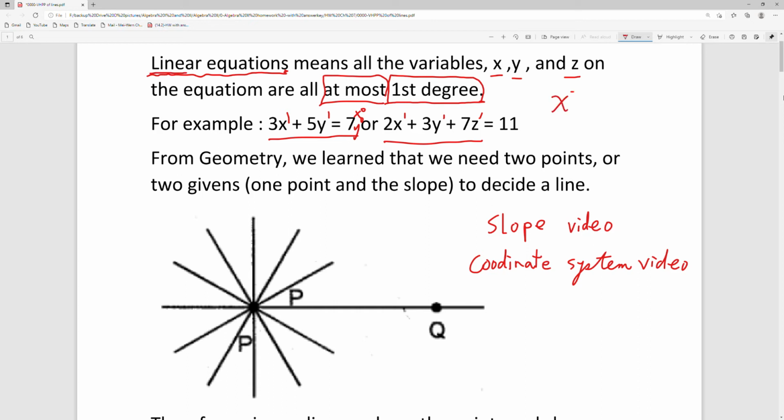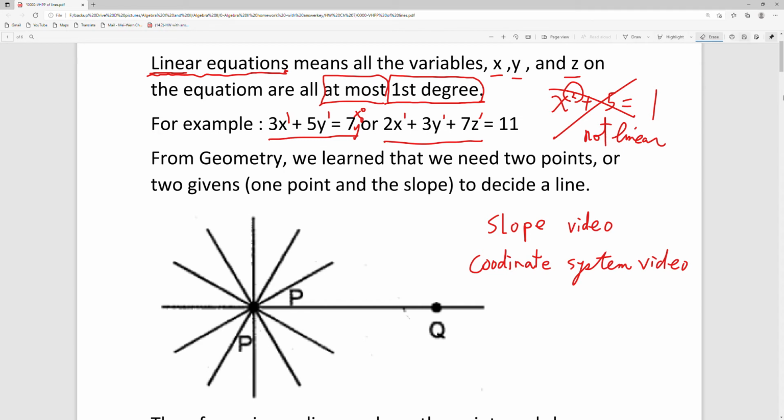If you have x squared plus 5 equal to 1, then it's second degree, so we don't call this a linear equation. This is not linear. So that's one thing I want to remind you.